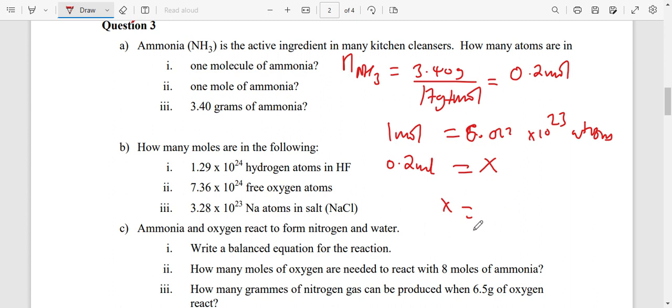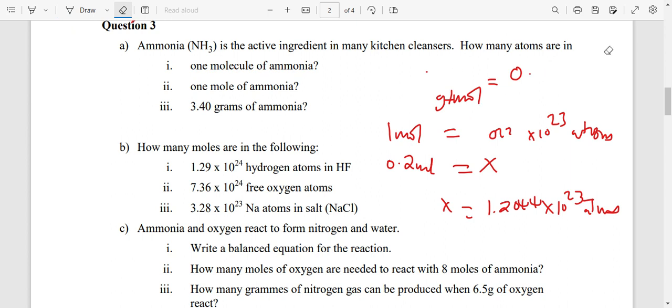That is going to give us 1.2044 times 10 to the power 23 atoms. So that is going to be it. We are good with this also.